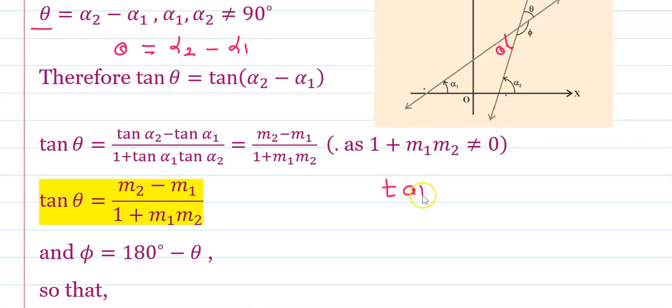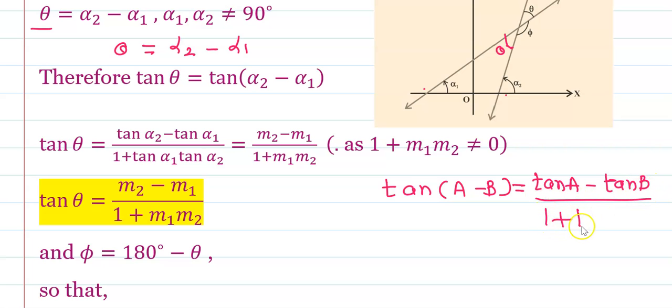We can write tan of (A minus B) equals tan A minus tan B upon 1 plus tan A into tan B. Okay. And therefore tan theta equals tan of alpha 2 minus alpha 1, which means tan alpha 2 minus tan alpha 1 upon 1 plus tan alpha 1 into tan alpha 2.